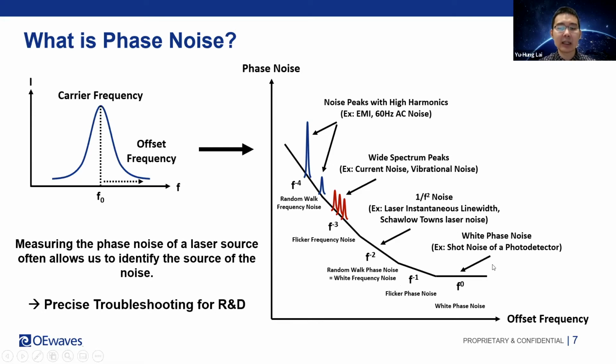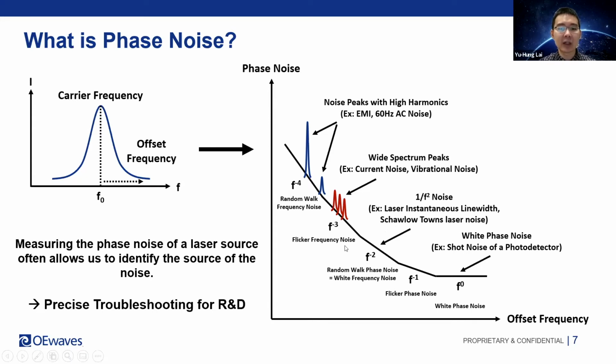That is basically the SNR of the photodetector will affect this white phase noise. On the other hand, 1/F squared noise is the most interesting noise that we are investigating, because you can see the laser instantaneous linewidth or shot noise laser noise is characterized by this 1/F squared noise. So this kind of 1/F squared noise will characterize the laser cavity physics and also the gain media physics here.